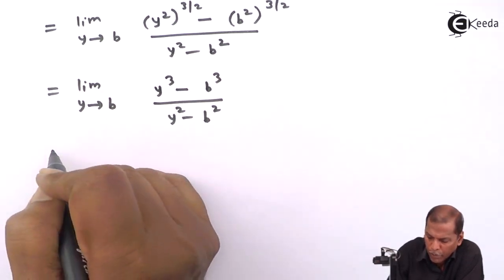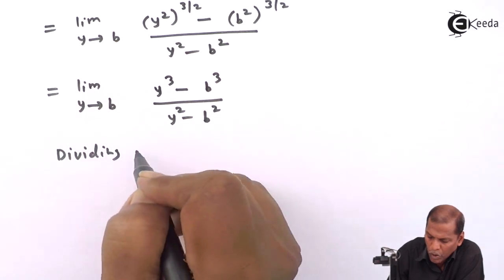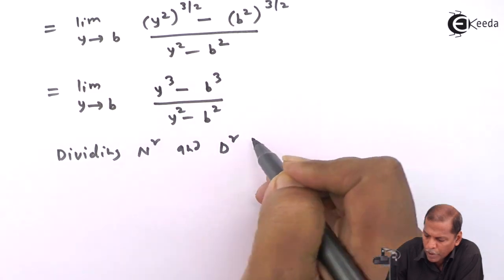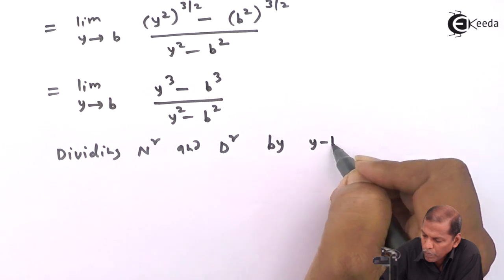So the next step will be dividing numerator and denominator by y minus b.